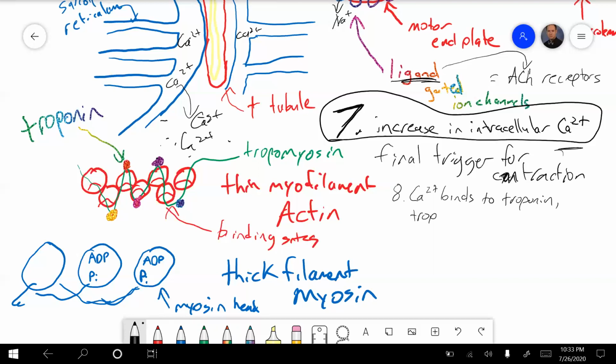And that shape change moves tropomyosin away from the binding sites on actin. So now those binding sites are exposed.